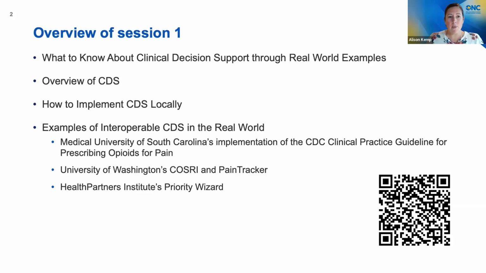And then we had examples of interoperable CDS in the real world, which included presentations from the Medical University of South Carolina's implementation of the CDC clinical practice guideline for prescribing opioids for pain, from the University of Washington's Causery and Pain Tracker tool, and from Health Partners Institute's Priority Wizard tool. You can scan this QR code to be taken to ONC's website, where we have a recording and slides from this presentation and our other presentations as well.